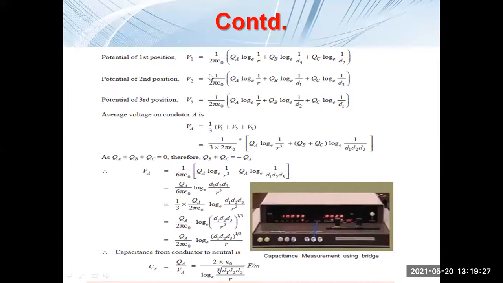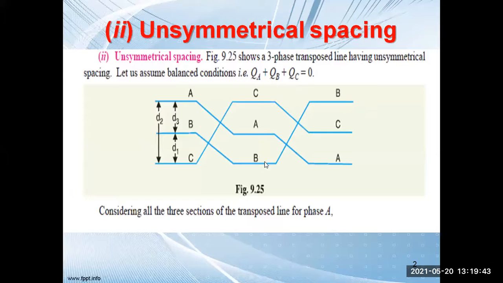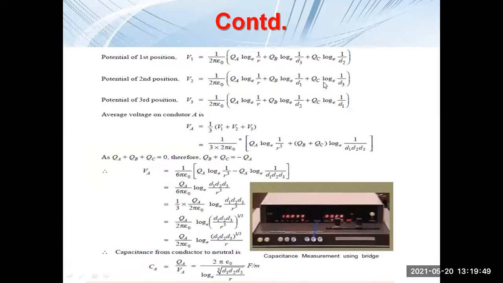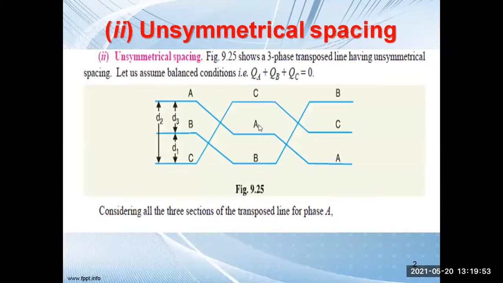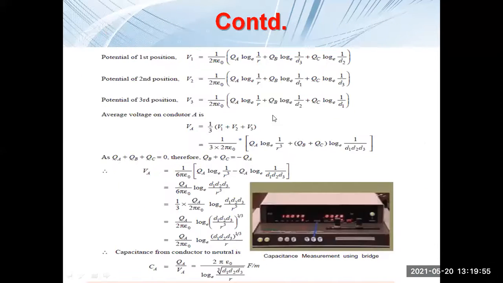So V2 will be equal to 1 by 2 pi epsilon QA log 1 by R, that is due to its own part, plus QB into log of 1 by D1, because distance between A and B is D1 in the second position. Now plus QC into log of 1 by D3, because distance between A and C is D3.